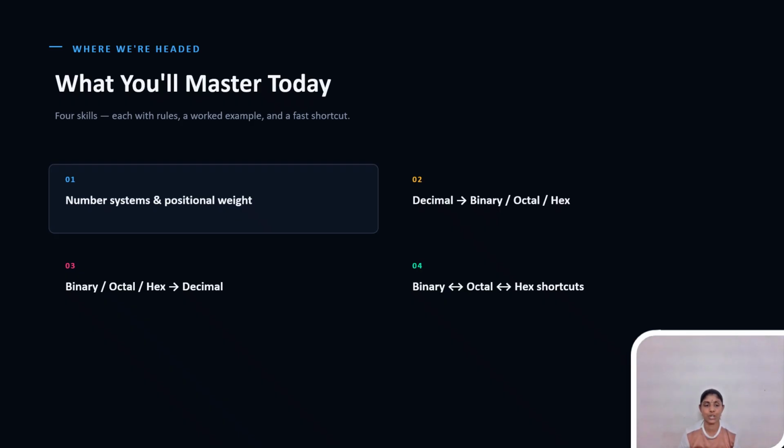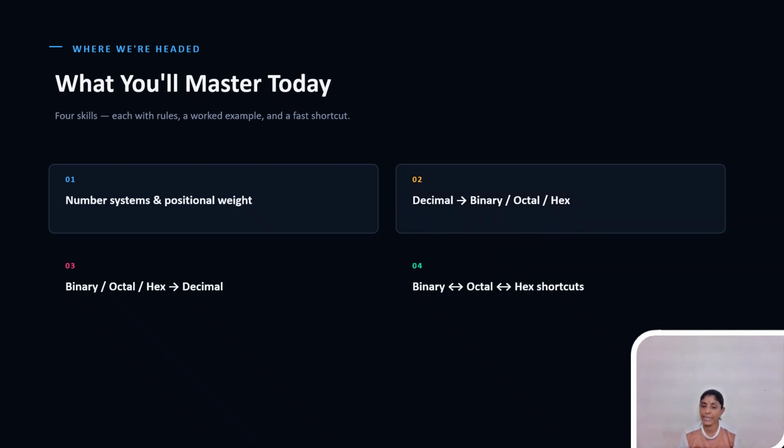Next is positional weight. We already discussed that number systems are broadly classified into two types: positional number system and non-positional number system. The non-positional number system loses the weight, but a positional number system we call a weighted number system.